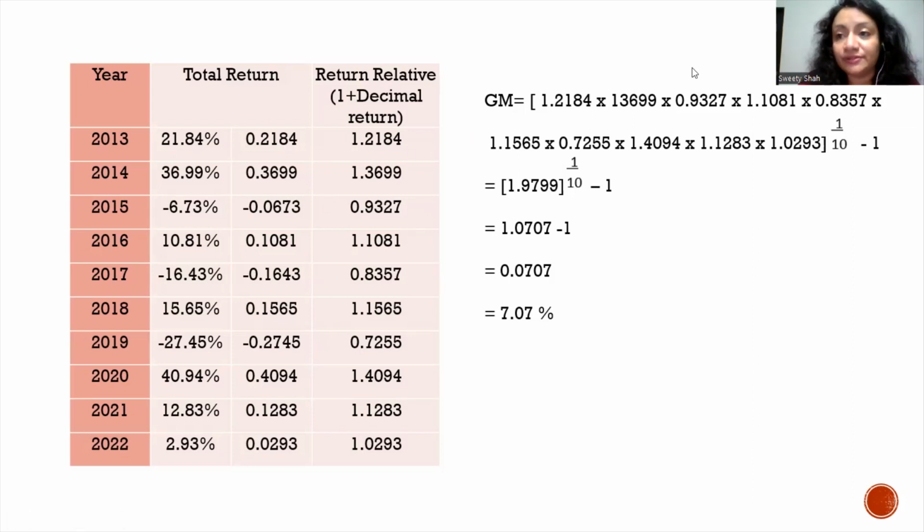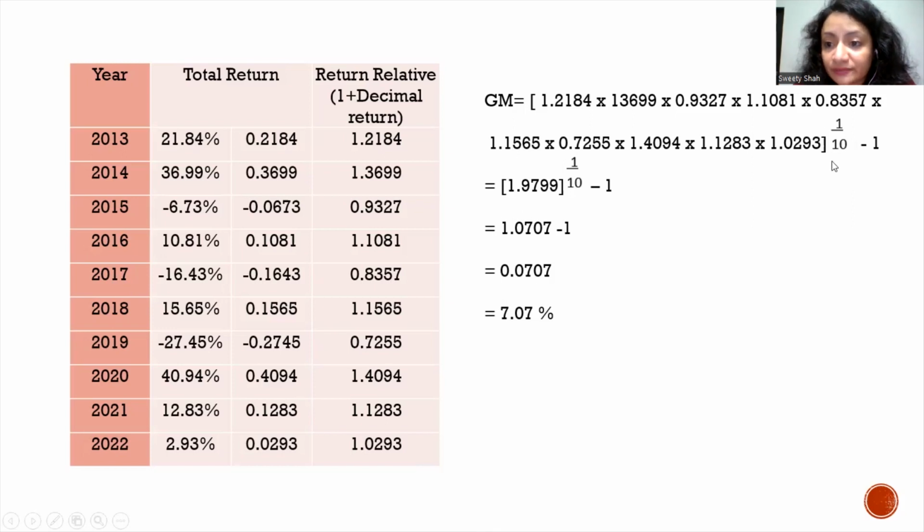Now for the calculation of geometric mean, what are we required to do? First of all, we are going to calculate the multiplication product of all the return relative values over the 10 years. So here this would be 1.2184, multiplied by 1.3699, multiplied by 0.9327, and so on till 1.0293, our last return in the year 2022.